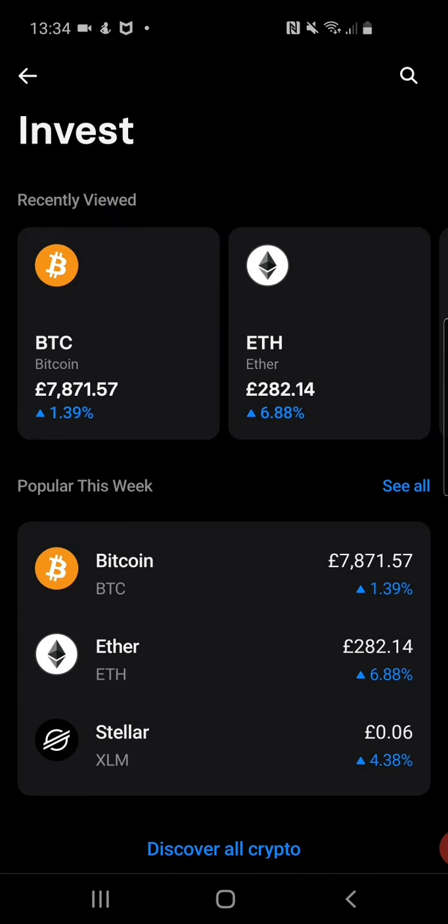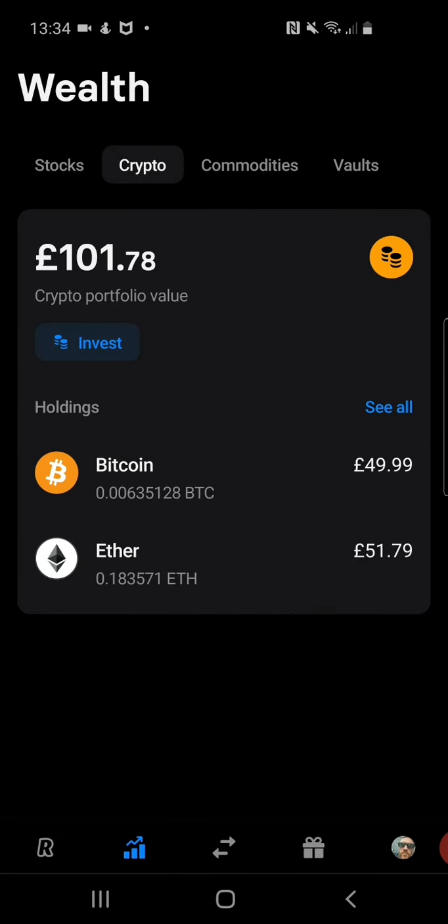What you will find, because of what I explained in terms of the margin, let's say you bought £50 worth of Bitcoin, what you should expect to see when you go back into the portfolio is that from the off, you don't have £50. You'll probably have something between £48 and £50. And that is literally the margin fee that you've paid to Revolut.